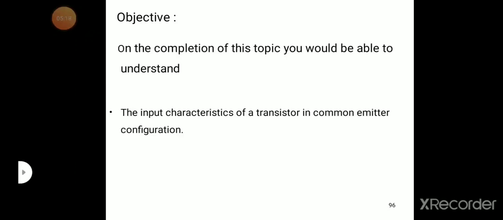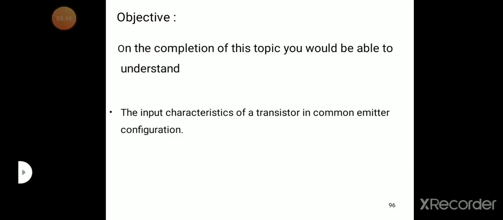Now we try to study the behavior of the common emitter configuration. The transistor has three terminals connected such that the emitter is common to both the input side and output side.